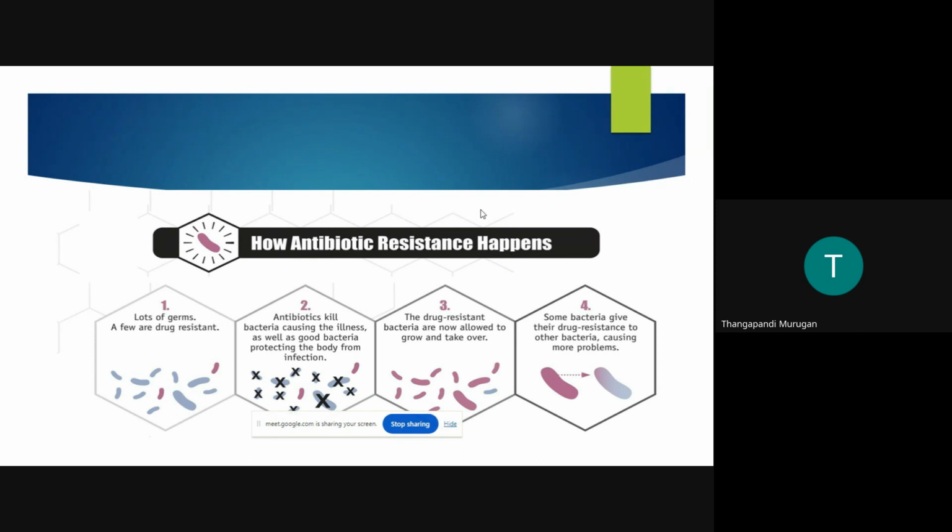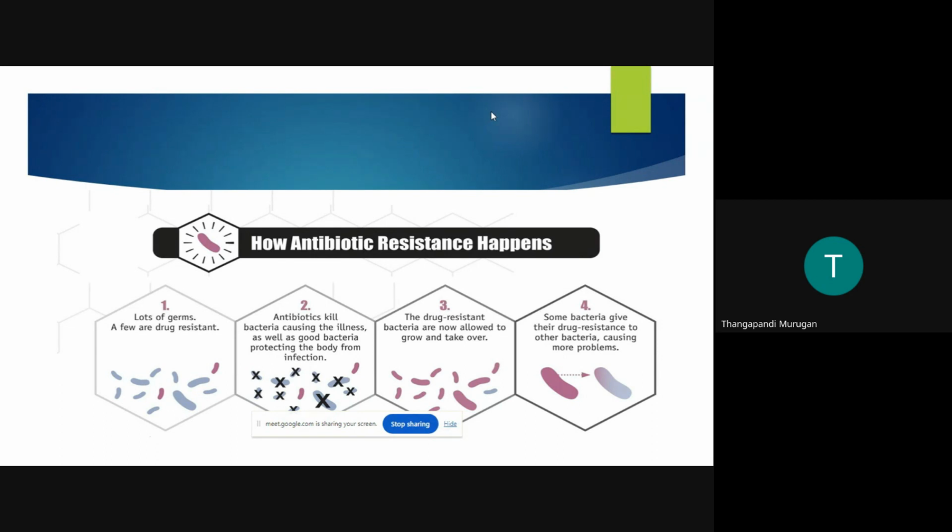Another is an alteration in the target site, because the antimicrobial agent will have low affinity for the binding site in the microorganism. Another is deactivating enzymes, like beta-lactamase in some microorganisms. That's why, in the initial case, penicillin is not working for every patient.